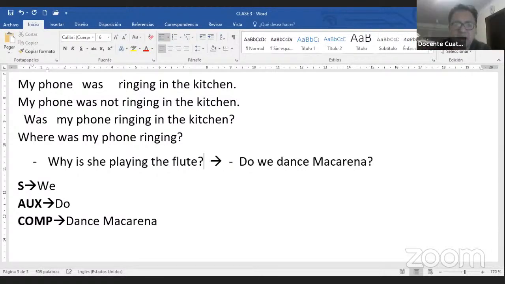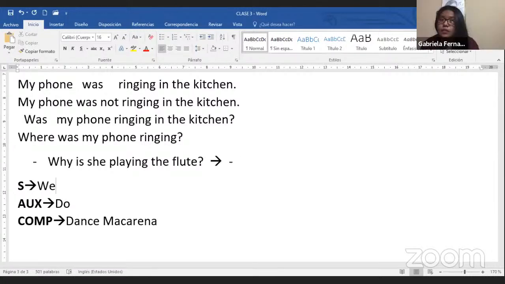Why is she playing the flute? You have to give me the negative. Okay, first, let's analyze. Which is the subject in this example, Gabby? She. Which is the auxiliary? Is.